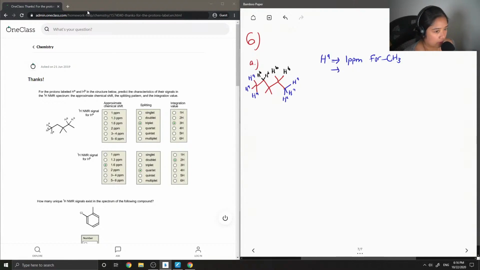And then if we look at the splitting, we follow the rule n+1, depending on how many neighbors you have.